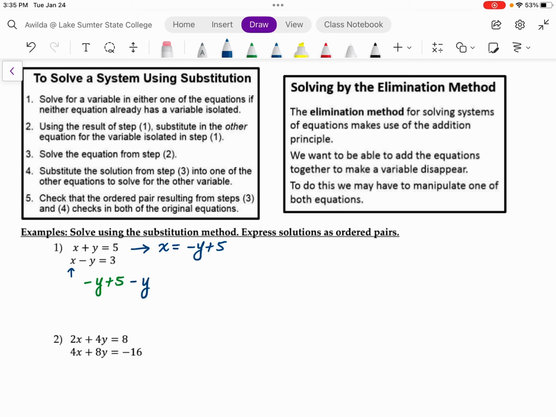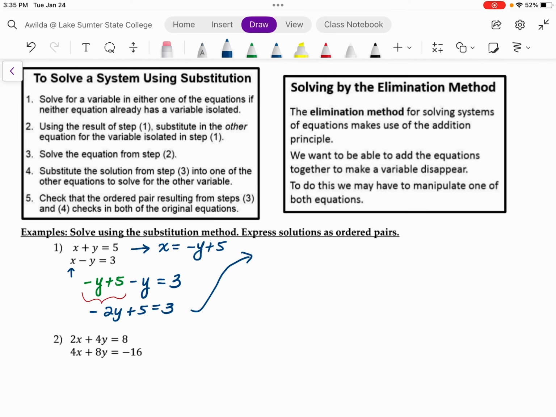So I'm going to write negative y plus 5 instead of x in x minus y equals 3. So right here, where we substituted the negative y plus 5 for the x, is where the substitution took place. Notice that now we have a single equation with one variable, in this case, just the y variable. Let's go ahead and solve for y. Combining like terms, we have that negative 2y plus 5 equals 3.